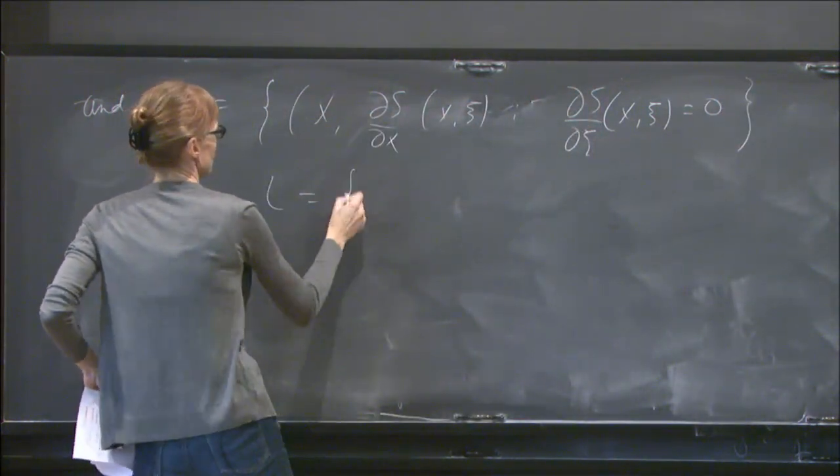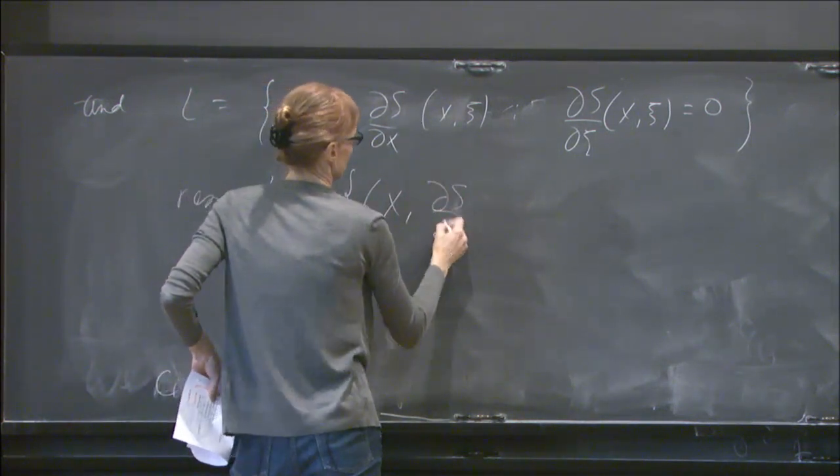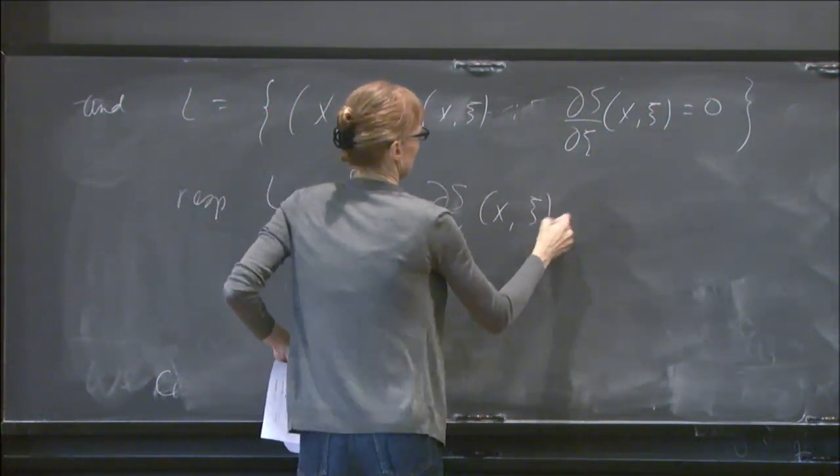And in the Lagrangian version, it would be X, partial S with respect to X, and then the value of S.